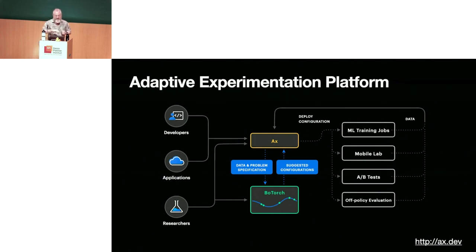It is able to design a configuration with the help of Blowtorch, the help of Bayesian optimization, and then it can deploy it to different modalities. So you might have a machine learning training job, you might have your mobile test infrastructure, you might have your A/B test, you might have some kind of simulator or off-policy evaluation. There are all kinds of ways to evaluate these things, and one can mix and match these different modalities when running experiments. And so this is how a lot of this kind of efficient optimization within the company works.